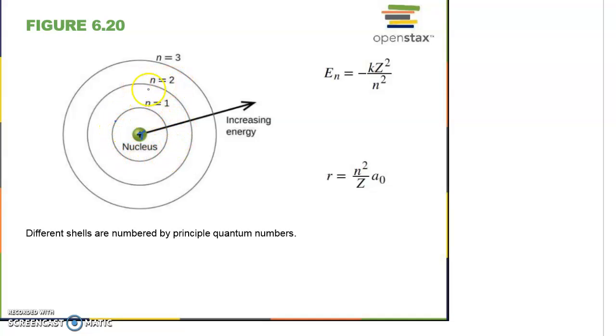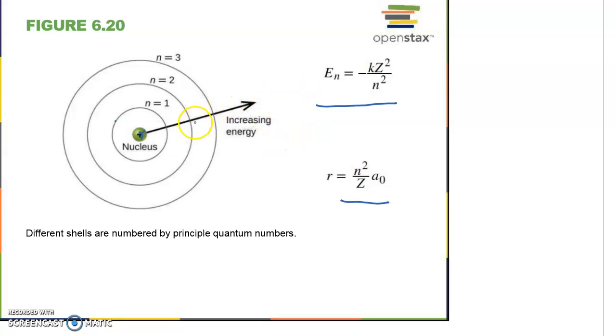When n equals 2, the electron can stay in this radius. It can only stay in certain radii because the radius is quantized. And once it stays in a certain radius, it will have a certain energy. And the energy is given by this equation. The radius is given by this equation.